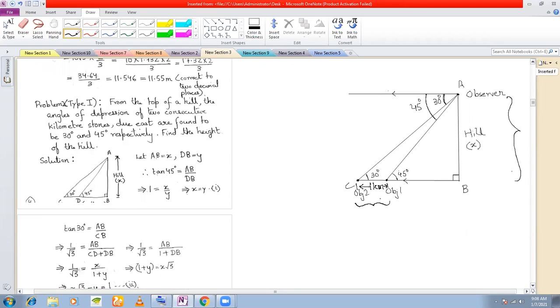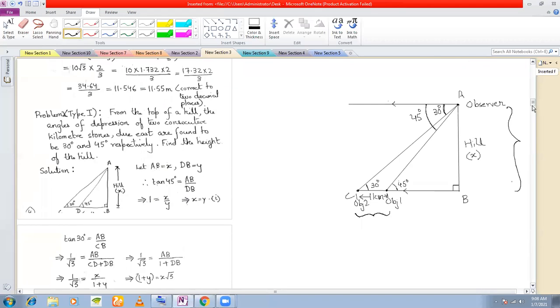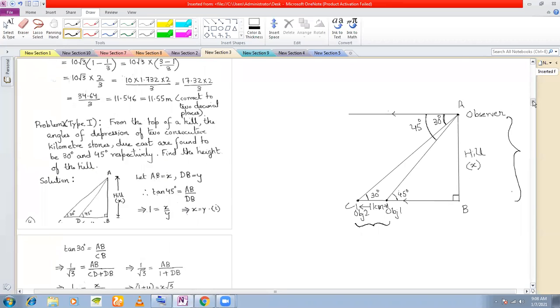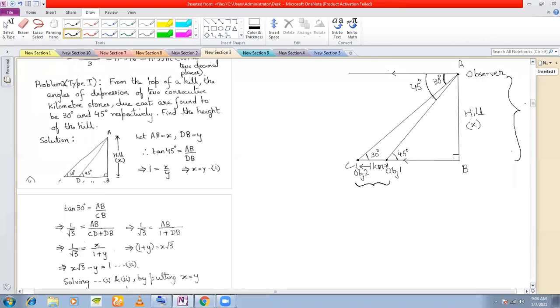If not, then we proceed with finding the height.